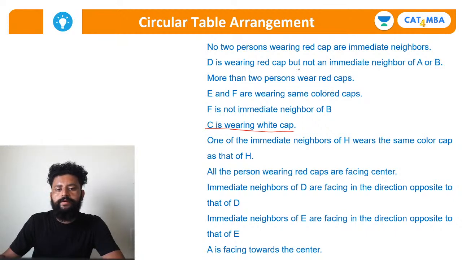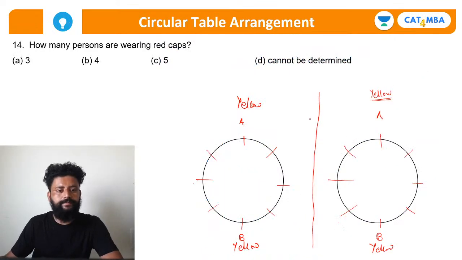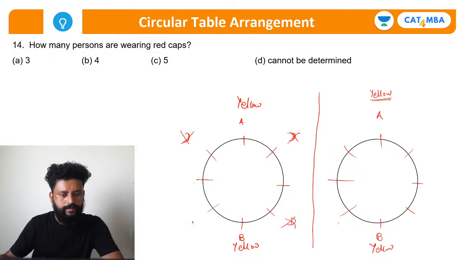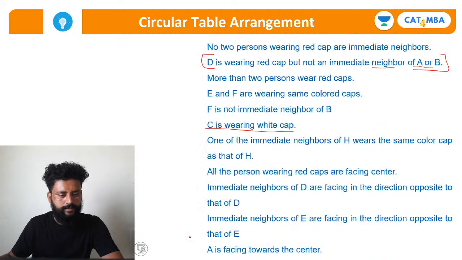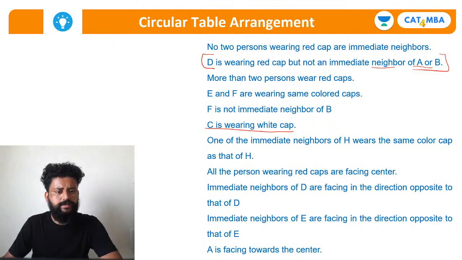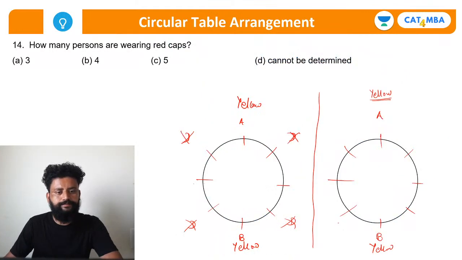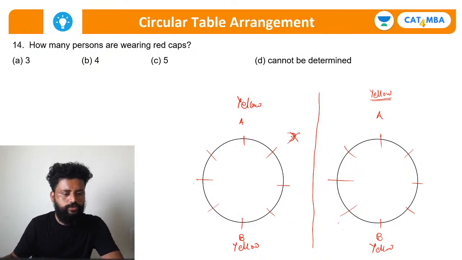D is wearing a red cap but not an immediate neighbor of A. D is wearing red but he is not a neighbor of A and B. A and B का neighbor नहीं है, so D cannot be here, D cannot be here, but he wears a red cap. D wears red cap, so only two possibilities for D.